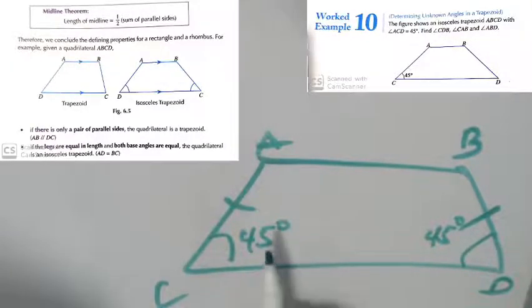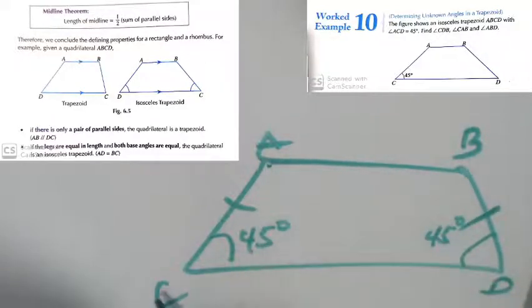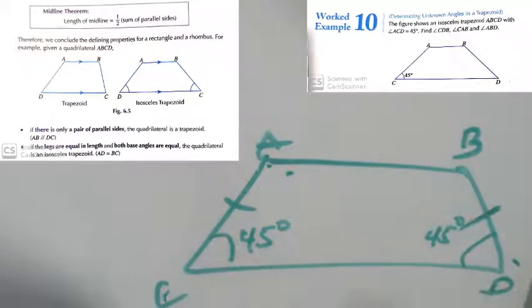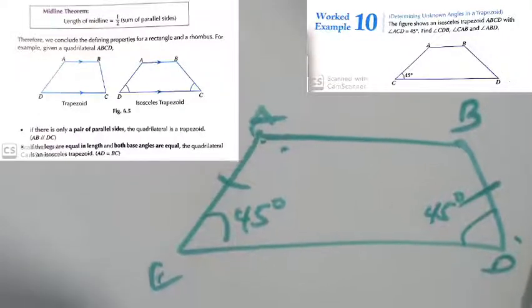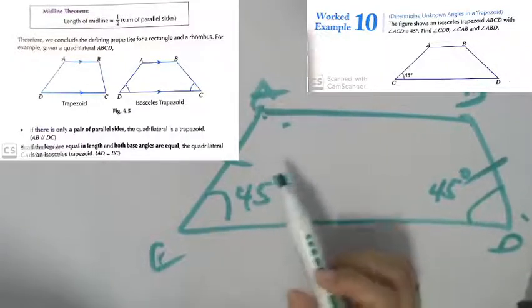Our problem here is to find the measure of angle A and B, or the angle CAB and angle ABD. According to the properties of a quadrilateral, consecutive angles must always be supplementary. So if they are supplementary, the sum of these two must be 180.